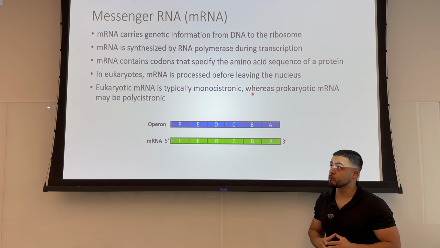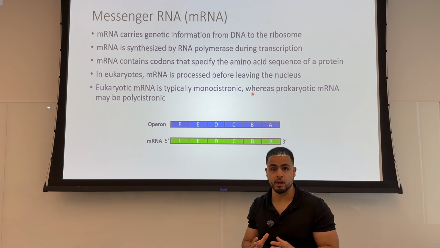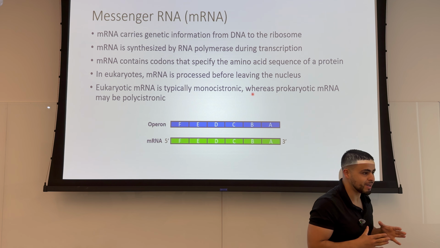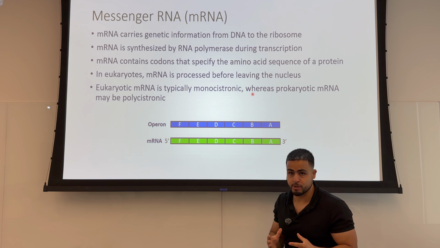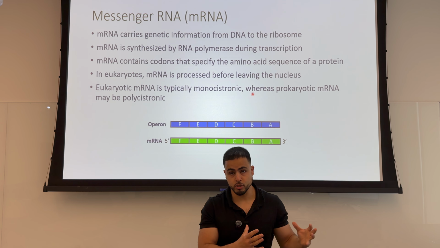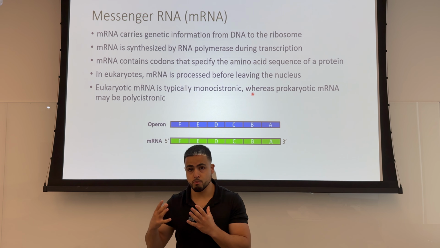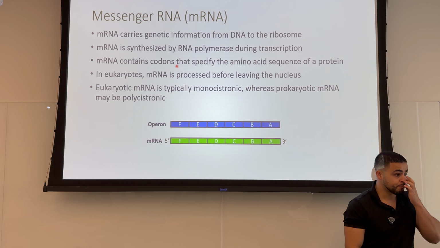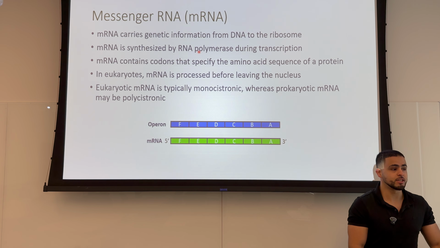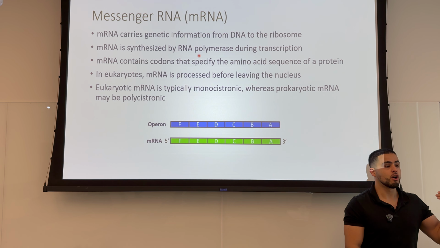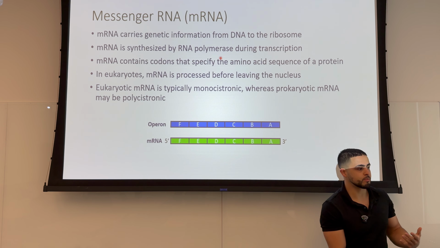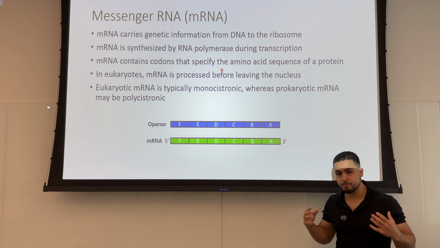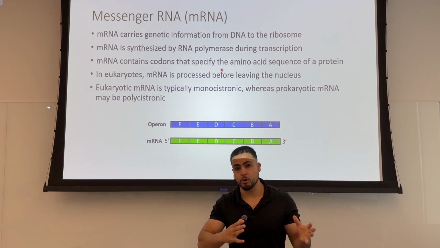So let's start off with one of the major categories of RNA, specifically messenger RNA. Messenger RNA is what's carrying, as we mentioned, genetic code from the nucleus, from DNA to protein, to the ribosomes to synthesize protein. mRNA is synthesized by way of RNA polymerase during transcription. mRNA contains codons that specify the amino acid sequence in the process of translation.